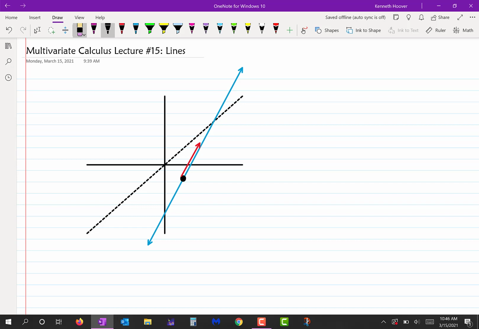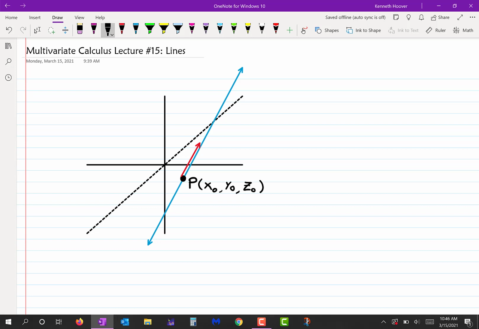Let's call that black point capital P, okay? And let's say the coordinates are x0, y0, z0. Okay?